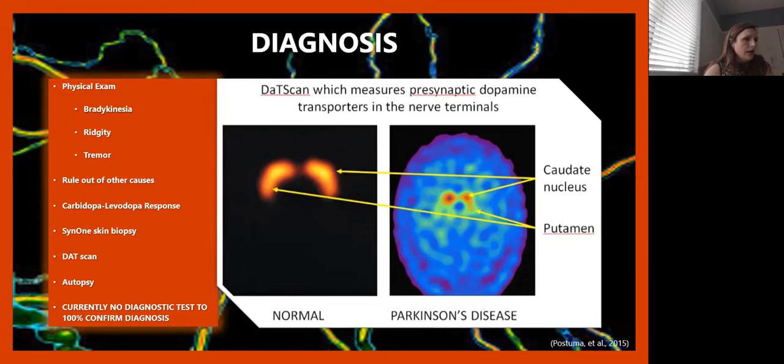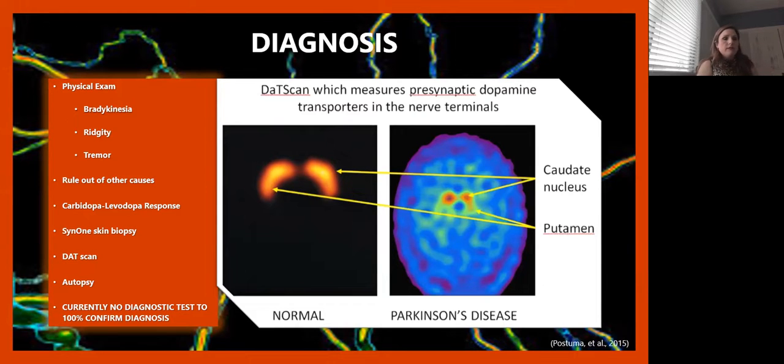All right, and then most recently, there's a skin biopsy out, which recent studies have found that excessive alpha-synuclein protein that we talked about a few slides ago within the peripheral nervous system, which means your arms and legs, actually correlates with Parkinson's disease, but also could be in relation to multiple system atrophy and Lewy body dementia.